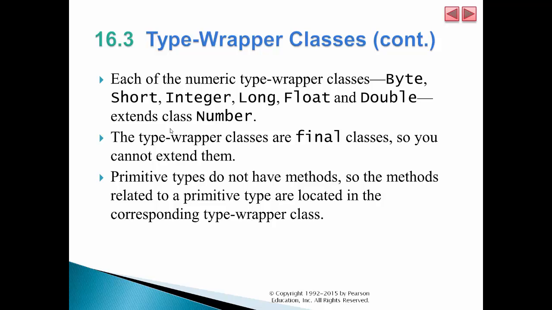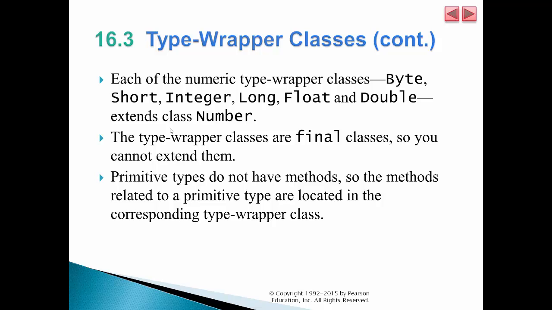But because we represent these primitive data types in terms of classes, now we can generalize these classes into something abstract that can be used to reference these numbers polymorphically.